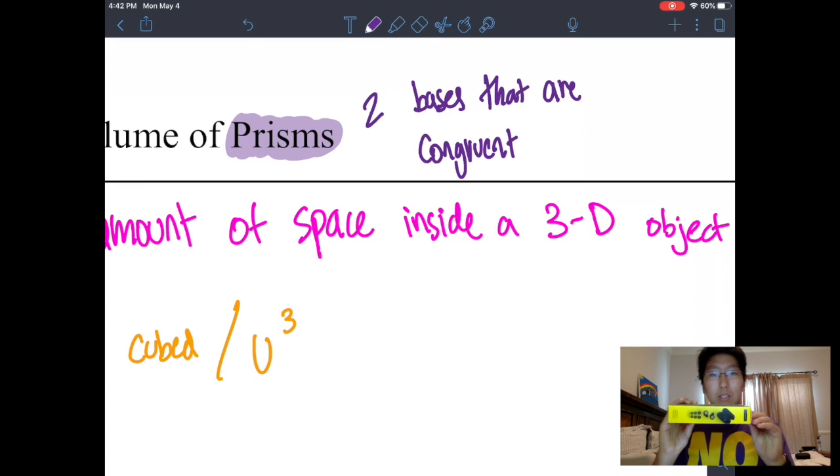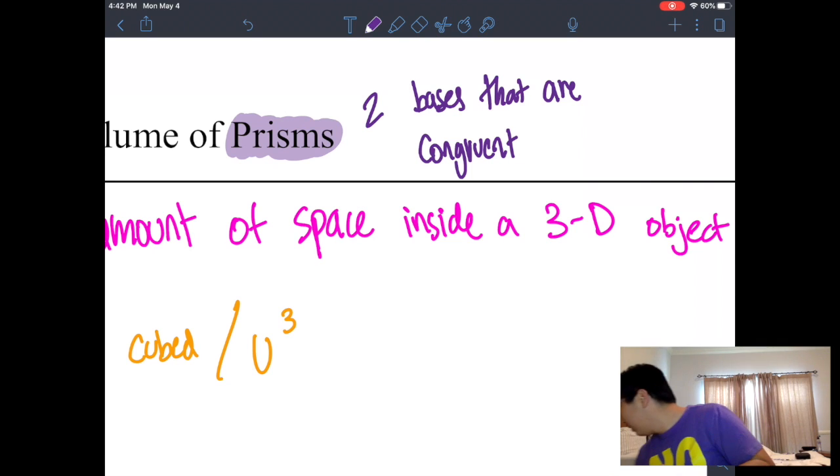Let's pretend the shape is like this, and the base is here. If this is one of the bases, we're going to look at the top. Are these two bases congruent? Are they the same shape and same size? So right here, this rectangle, is it the same as the top? And the answer here is yes. So this has two bases that are congruent.